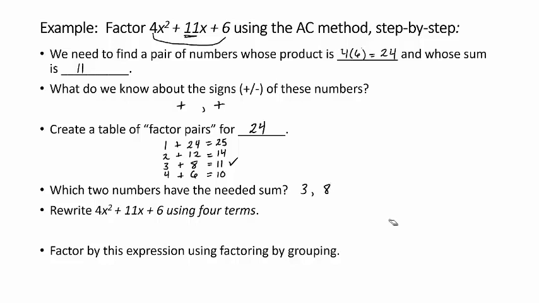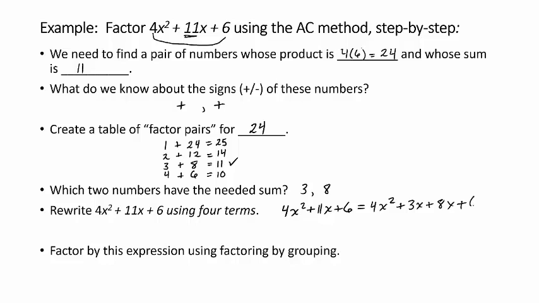Okay, so what are we going to do with that 3 and 8? Now we're going to rewrite 4x squared plus 11x plus 6 using 4 terms. The two middle terms are going to involve the 3 and the 8. So I'll show you what I mean. The 4x squared plus 11x plus 6 is equivalent to 4x squared plus 3x plus 8x plus 6.